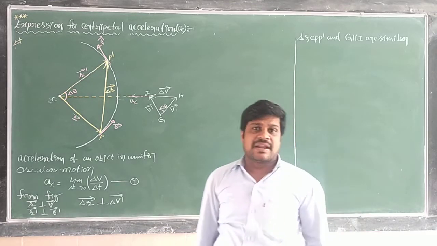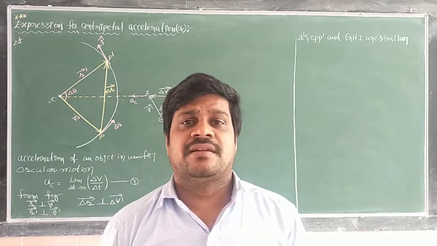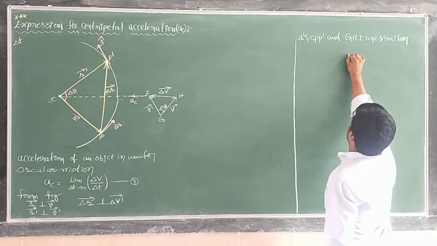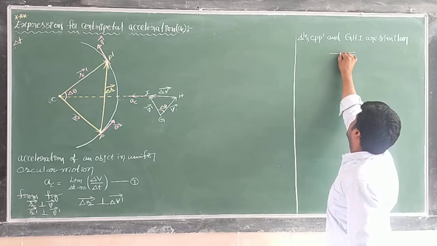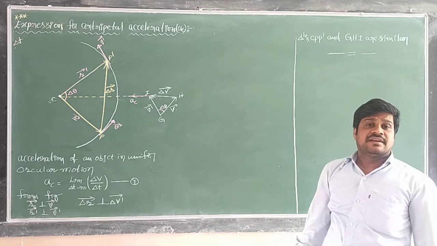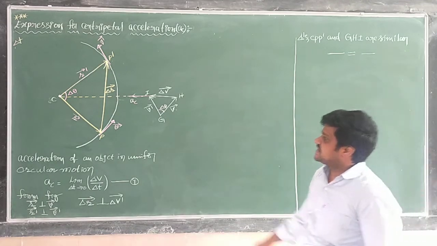If there are two similar triangles, then we can equate the ratio of their sides. Which sides?